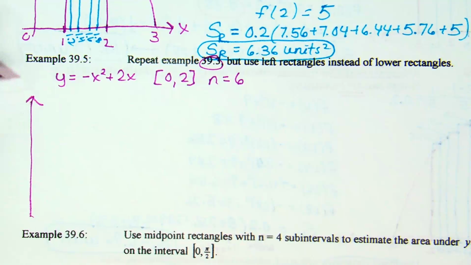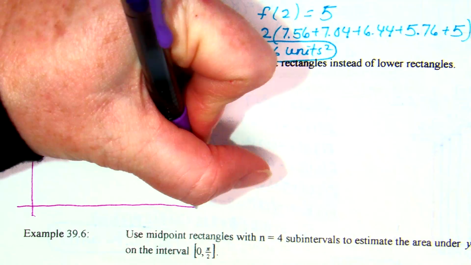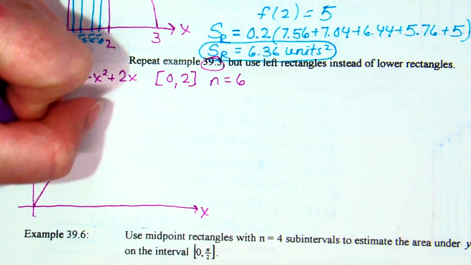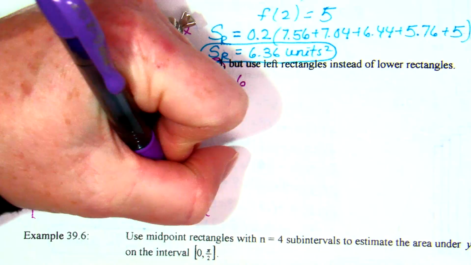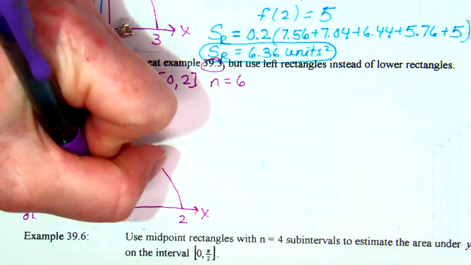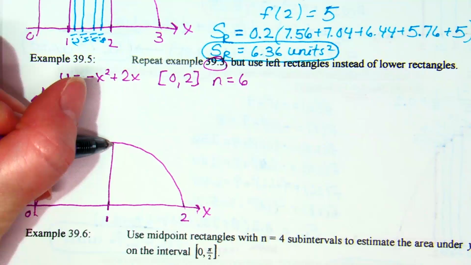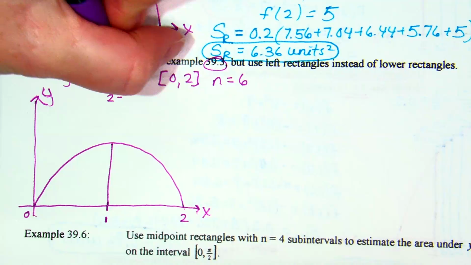We get to see the whole upside down parabola, right? It intersects the x-axis at 0 and 2. It's supposed to be symmetric. And if you recall, we're breaking it into thirds, right? Because 2 minus 0 divided by 6.